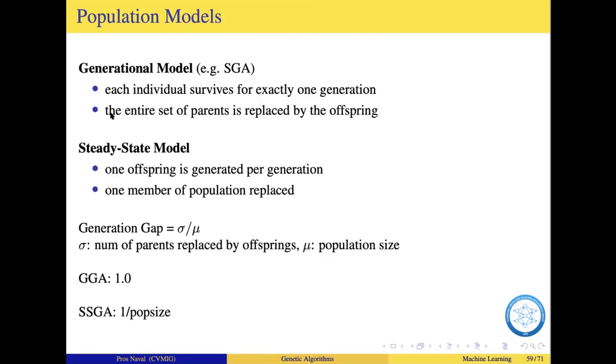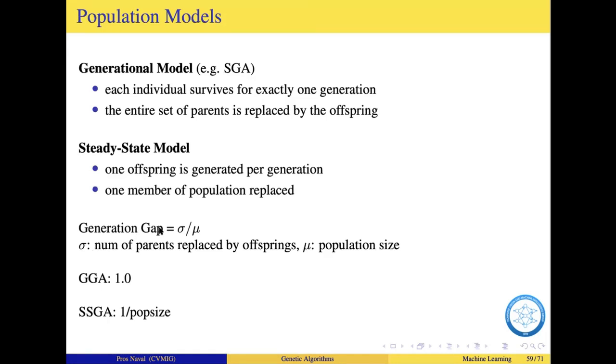In that case, the entire set of parents is going to be replaced by the set of offsprings. That's your generational model. There's another model where one offspring is generated per generation, and only one member of the population is replaced by that offspring. So that's the steady state model.